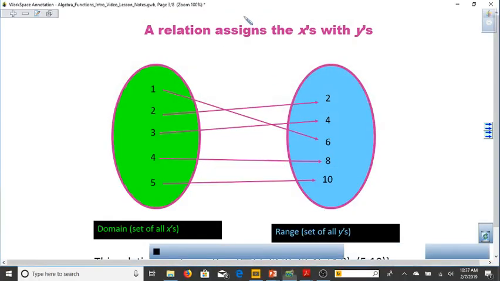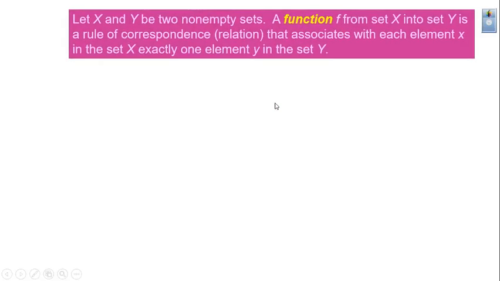Now, in this case, this relation happens to be a function, and let's see why that is the case. Let's say we start out with two non-empty sets. Non-empty means each set has an element in it. This is the formal definition of a function.